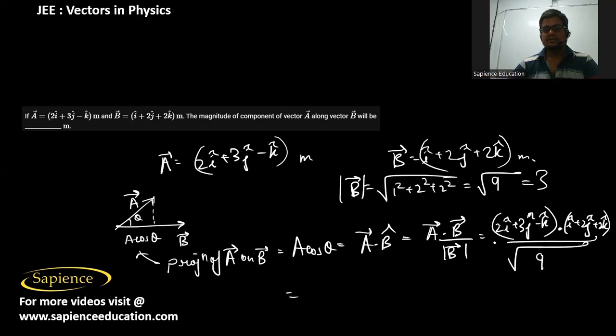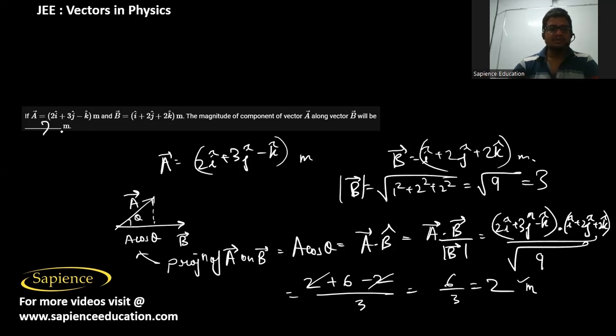So this will be 2 ones are 2, 2 plus 3 twos are 6, minus 2, divided by 3. So 2 and 2 will cancel out. This is 6 by 3, that is equal to 2. So the projection of vector A on B will be 2 meters. So 2 meters is the answer.